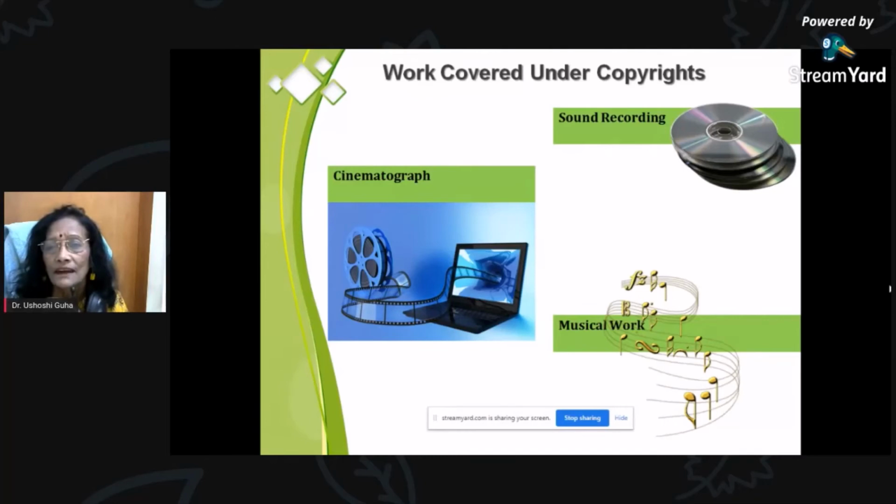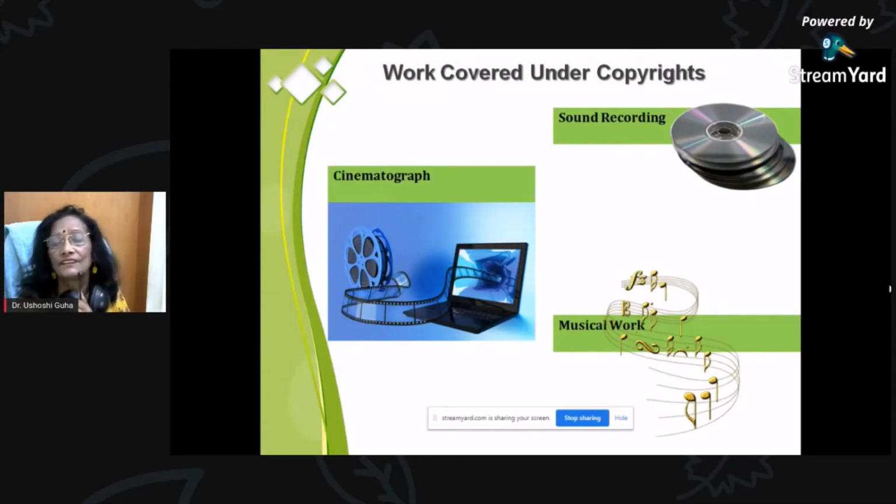Just see, when somebody is performing music, that otherwise doesn't carry copyright, but the notations do. That's why the display shows in the musical work that the notations are to be in a tangible form. It has to be written, and those notations along with the song have to be copyrighted.